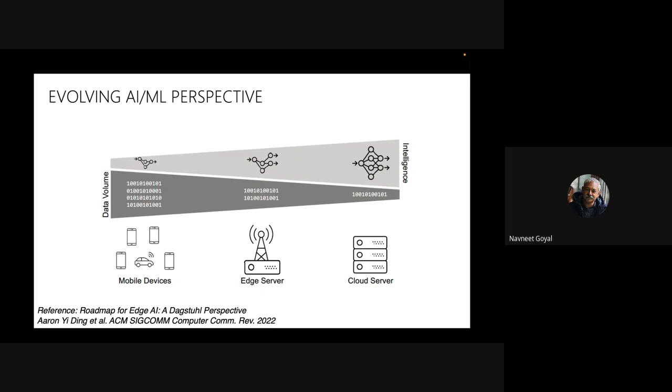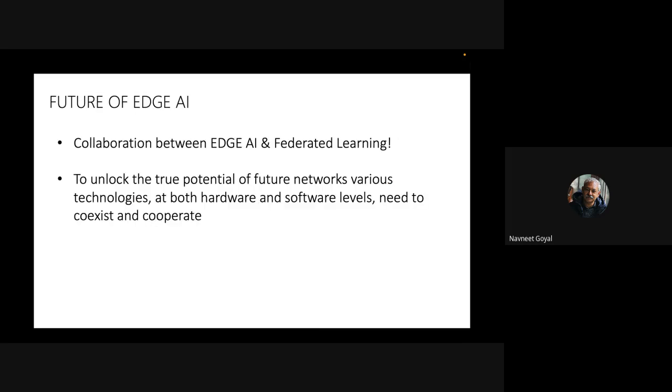How the whole framework will take shape will depend primarily on the application that you have at hand. These are some fixed solutions. Edge AI is now being incorporated into PyTorch, and you can do Edge AI there. Some other programming frameworks also allow you to do Edge AI.